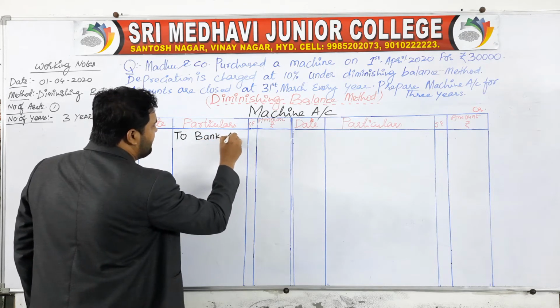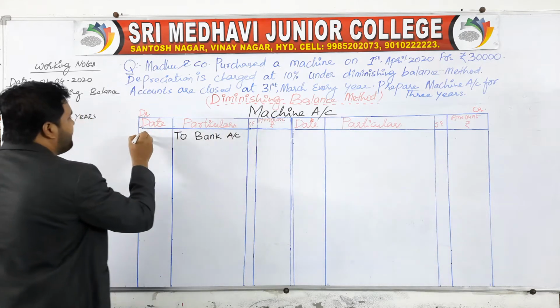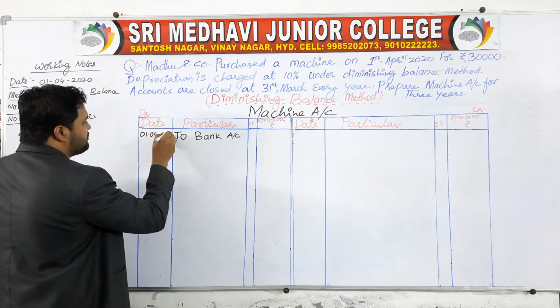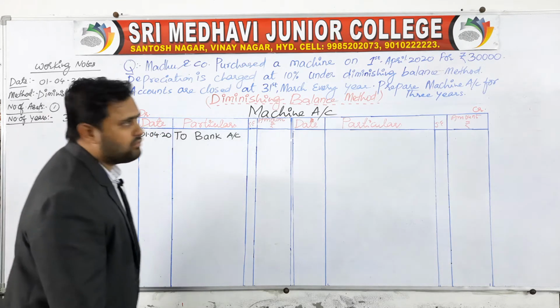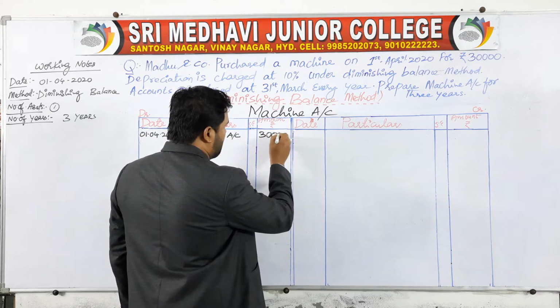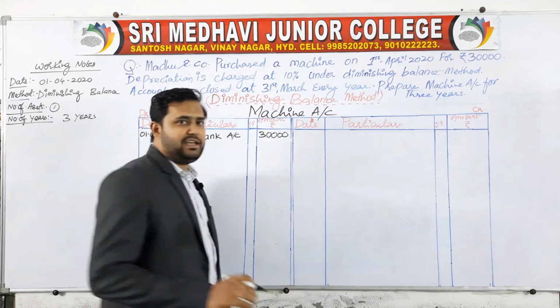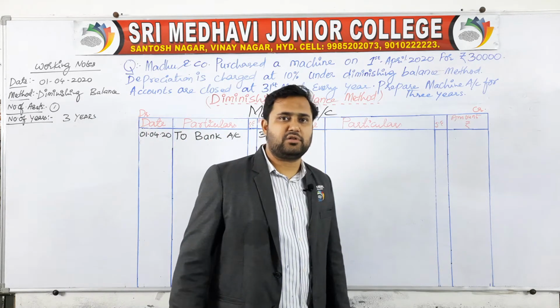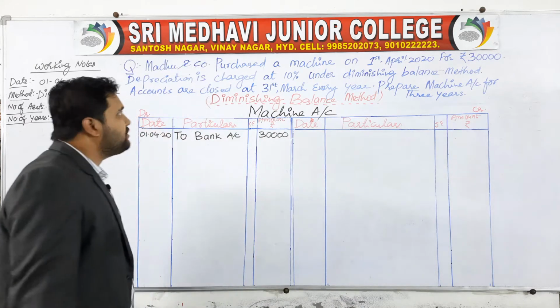On which date did you purchase the machine? On 1st April 2020, to bank account. How much is the cost? 30,000. Is there any installation charge or erection charge mentioned in the question? Once you see the question, you will know.